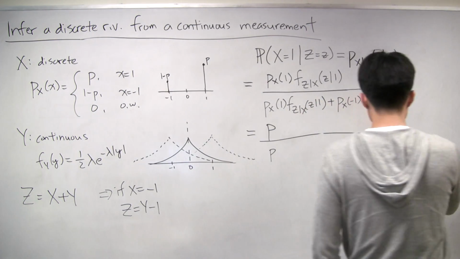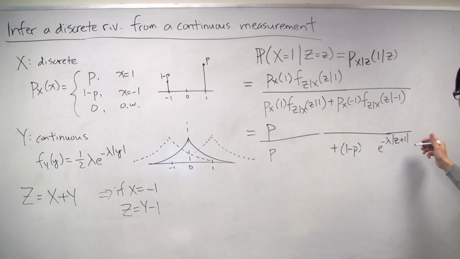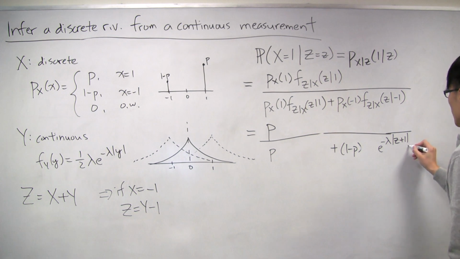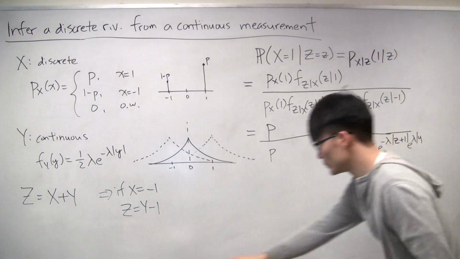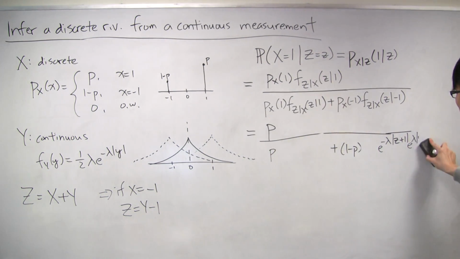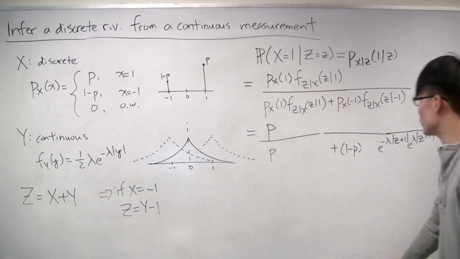And then we'll have to change this here, right? Because it'll have an extra e to the lambda absolute value of z minus 1. All right. Now, let's rewrite this.